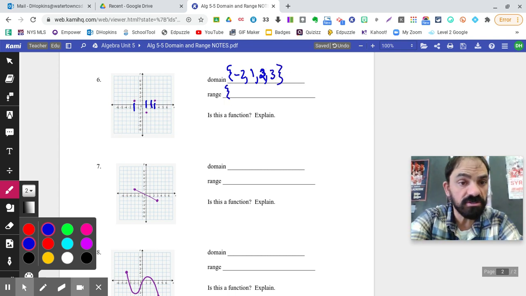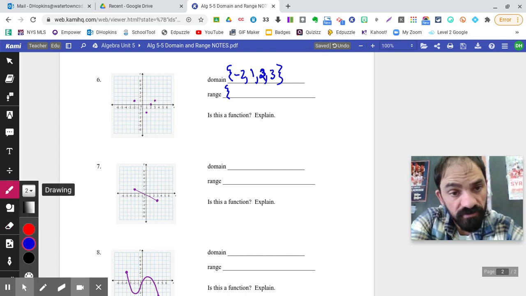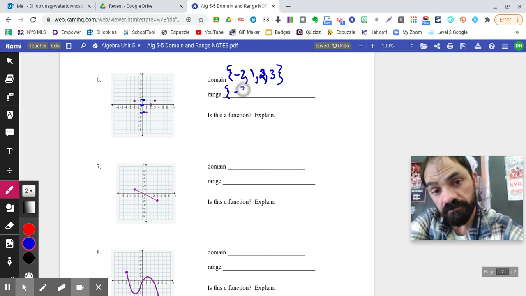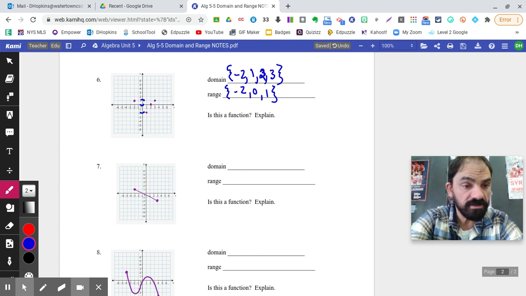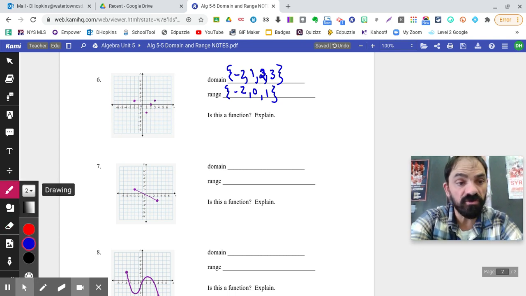And the range is the y values. So the y values being used is this one, and this one. So -2, 0, and 1. And is it a function? Let's see. Remember the vertical line test.